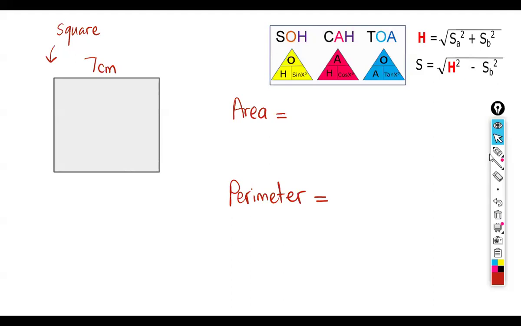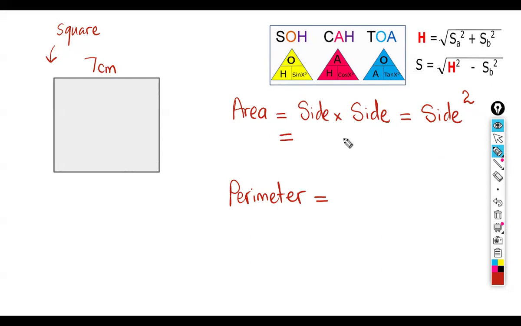All right, so let's work this out. We all know that the area of a square is side multiplied by side. Or when you multiply two same things in maths, it's that squared. Any one of those will give you the same answer.